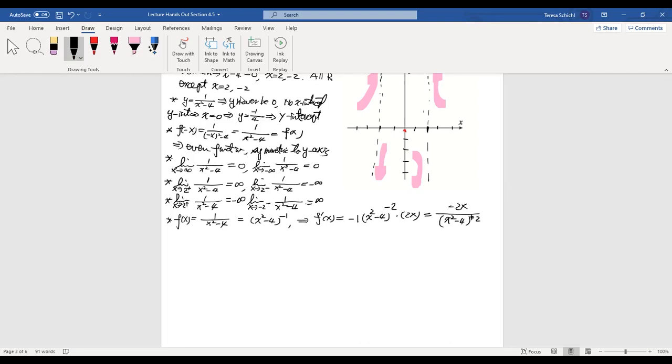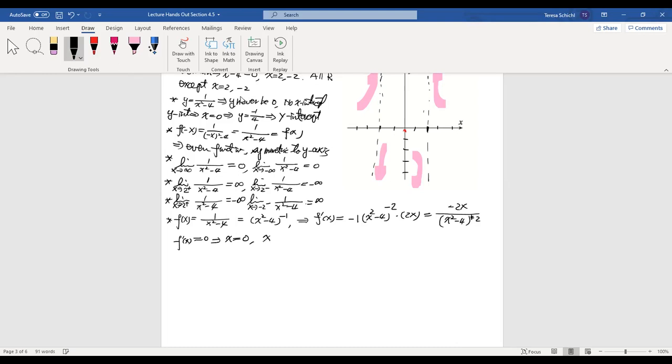The critical points are defined where the first derivative is equal to 0, so x has to be equal to 0. This will be one of my critical points.